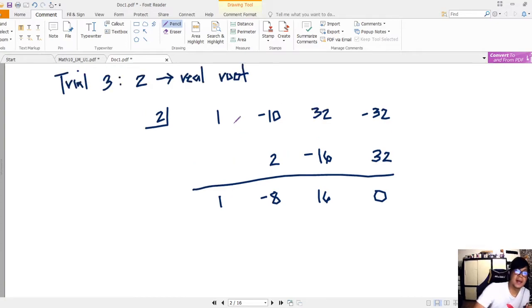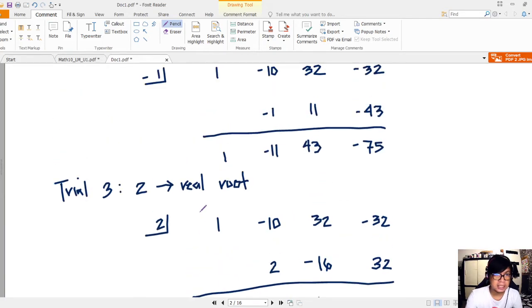Okay. Sige, ito yung sinasabi ko kanina na mas maganda na gamitan natin siya ng synthetic division because we can have a depressed equation. Ito siya, itong given dito, pwede natin siyang gawing depressed equation. So, ano yung depressed equation? Pinaliit natin siya.